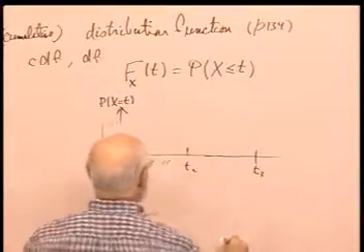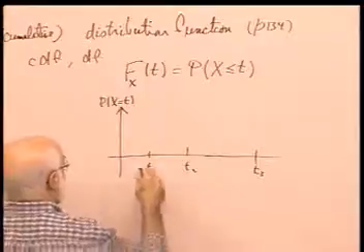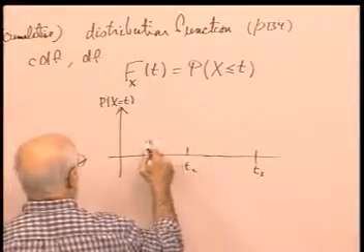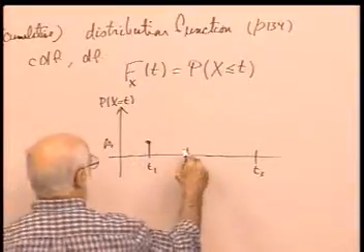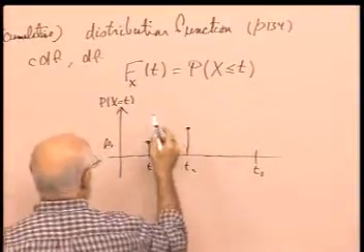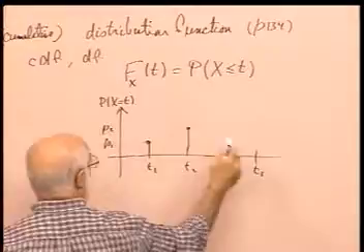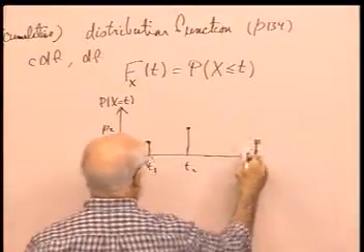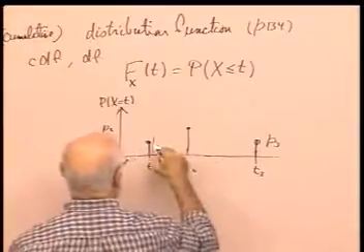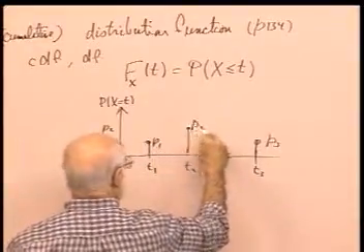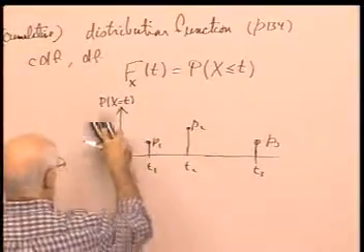So for the sake of example, there's a probability mass function. Let's call this value here P1. And this value here, that would be P2. And this value here, that would be P3. So P1, P2, P3. Those are the heights.